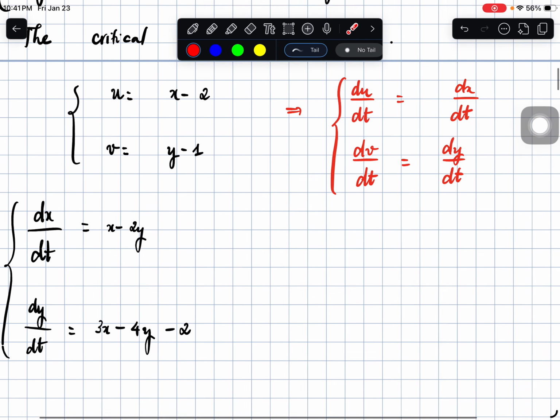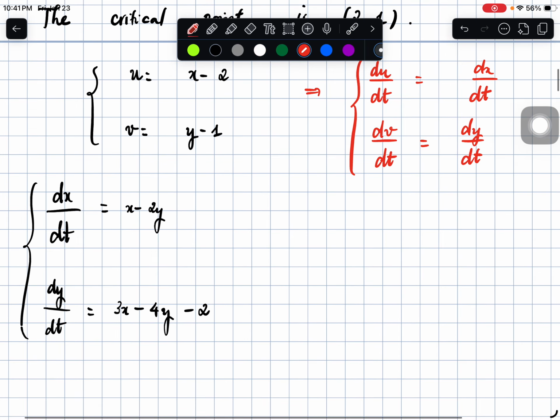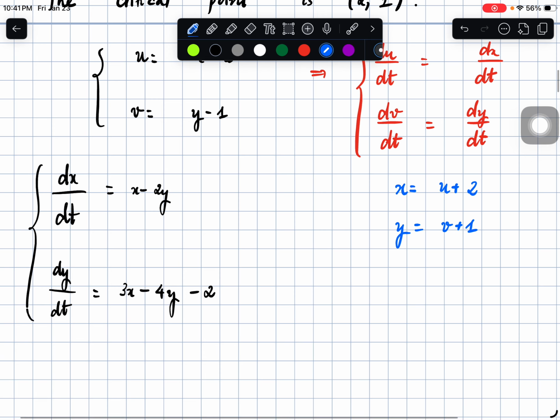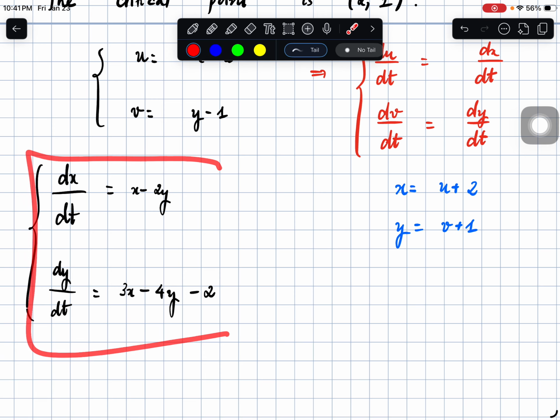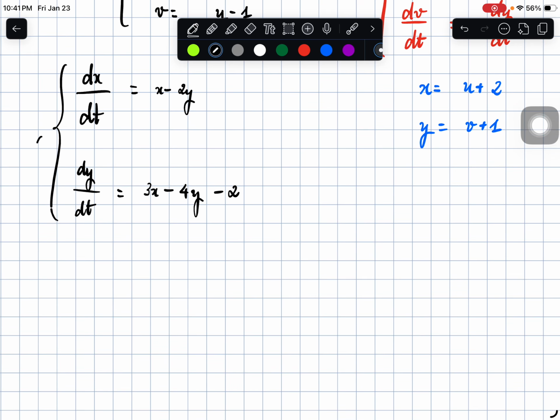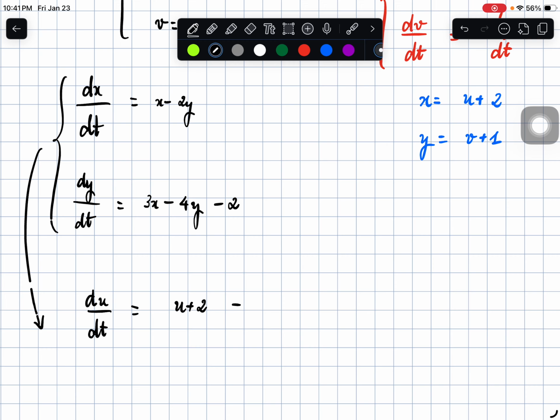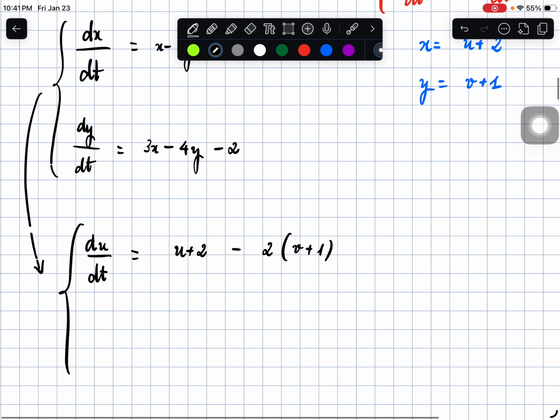And now we plug this in. x is now equal to u plus 2, and y equal to v plus 1. Now we have enough data to plug in here to change the variable. dx over dt is equal to du over dt. x equal to u plus 2, 2 times y equal to v plus 1. dy over dt is dv over dt.